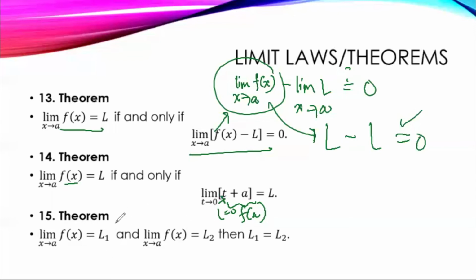Now, number 15: the limit of f of x is equal to L sub 1 as x approaches a, and the limit of f of x is equal to L sub 2 as x approaches a, then L sub 1 equals L sub 2. In other words, if a function has a limit of L1 and the same function has a limit of L2, since f of x is the same, L1 must be equal to L sub 2.